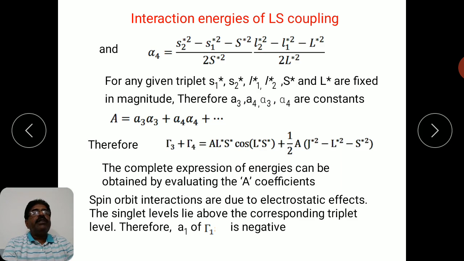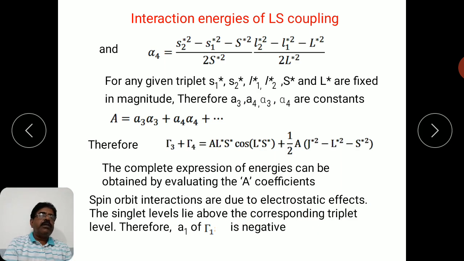The spin orbit interactions are due to electrostatic effects, between spin motion and orbital motion. So there is an interaction, and this interaction is governed by the electrostatic effects. The singlet levels lie above the corresponding triplet level. Therefore, A1 of gamma 1 is negative.